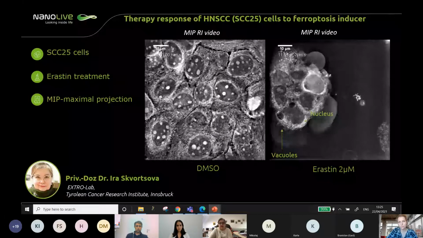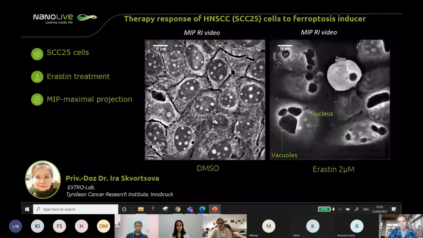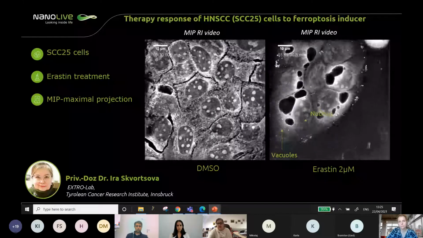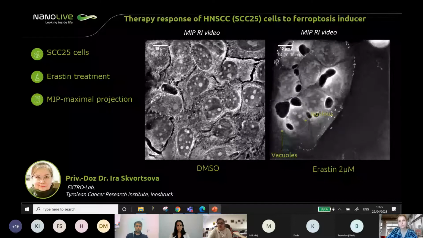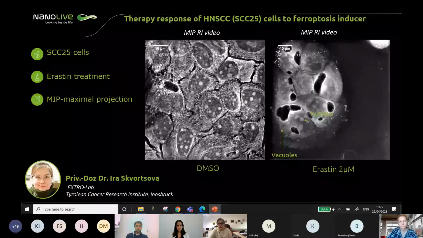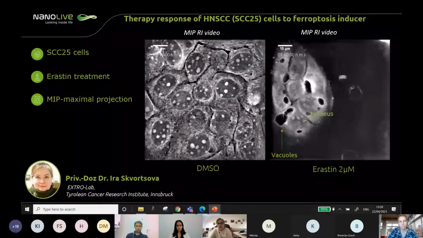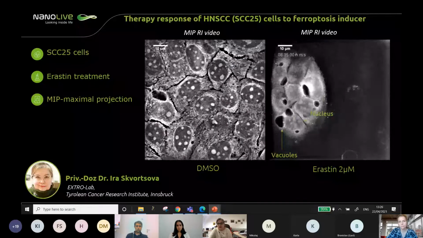And here we have observed that DMSO didn't affect the biology and physiology of the investigated cells, and SCC25 head and neck carcinoma cells are quite sensitive to Erastin treatment, to ferroptosis inducer, and you can see that Erastin could induce cell death development.